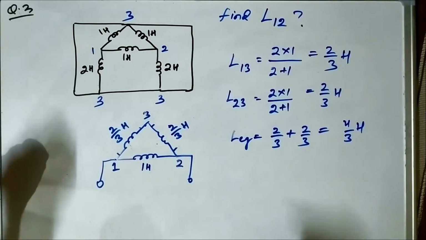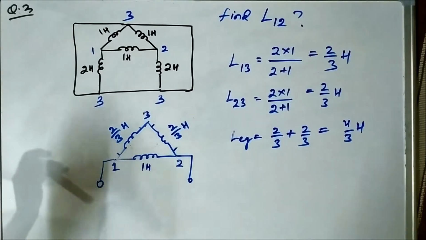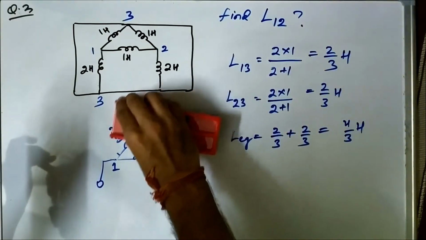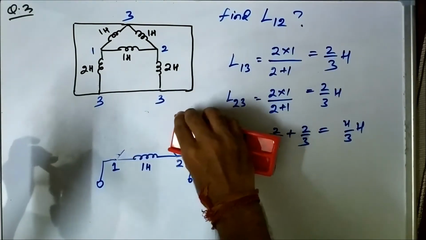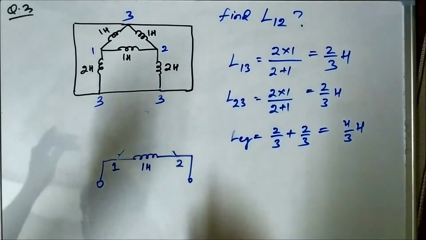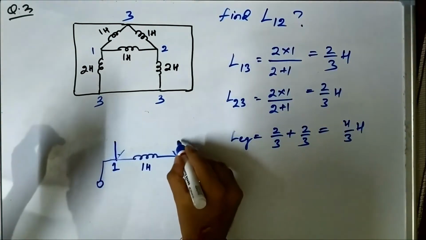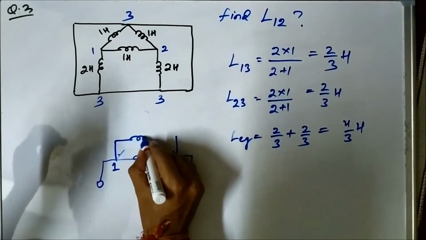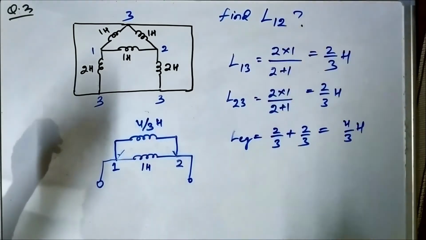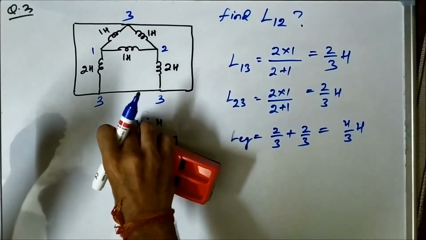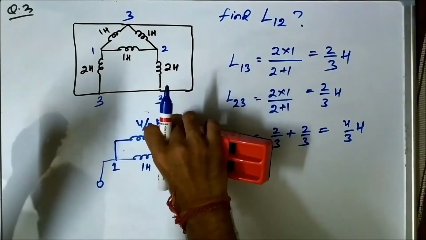So the total inductance is 4 by 3 Henry.